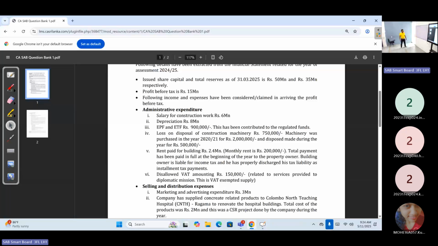They have already been deducted, and from the tax point of view we can allow them under section 11. Therefore, no adjustment is required.